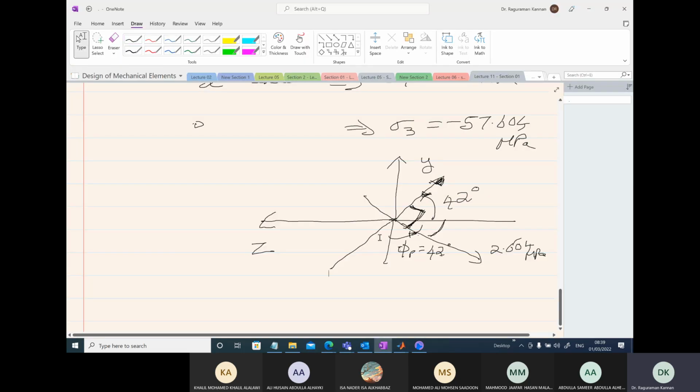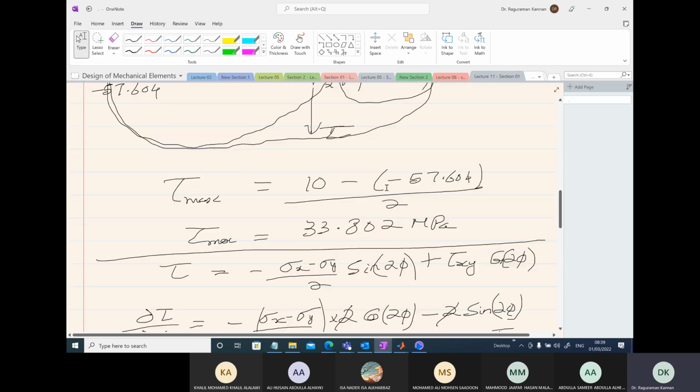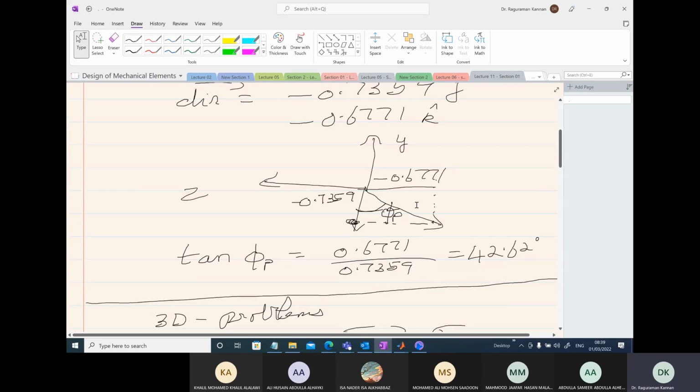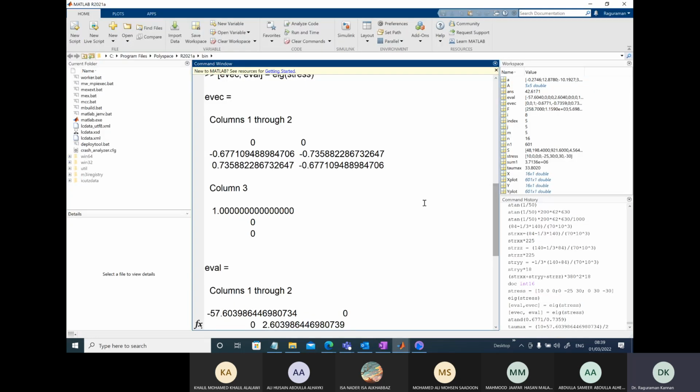Okay. Let's go back here. Negative y, so negative z. So this direction is negative y and negative z. We have negative y and positive z. Okay.